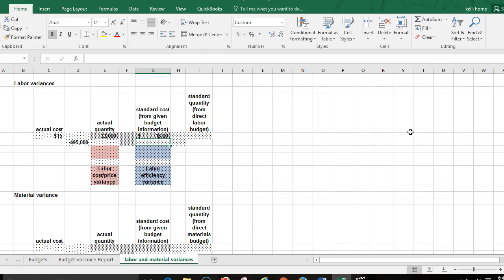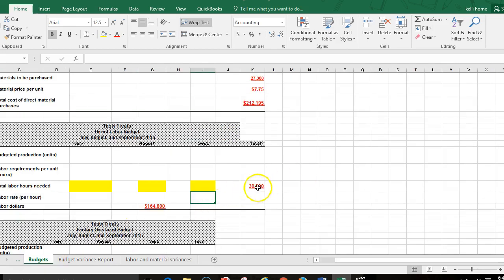All right. Then it asks you to enter the standard quantity from your budget. So I'm going to go back to your budget where you prepared your budget. I'm going to give you another check figure. Okay, hopefully whenever you did your direct labor budget, and I know many of you have, when you entered your hours for July, August, and September, you should have had a total of 30,000 hours that you were budgeting, that you were estimating for the period, okay?